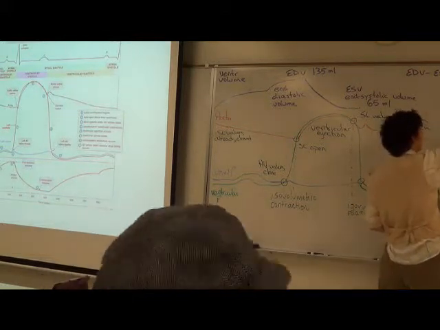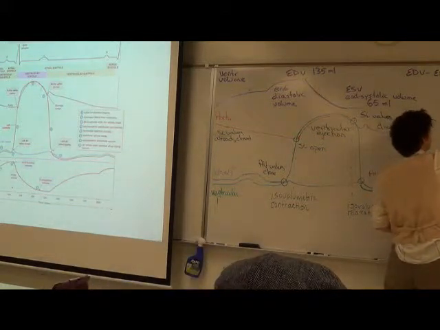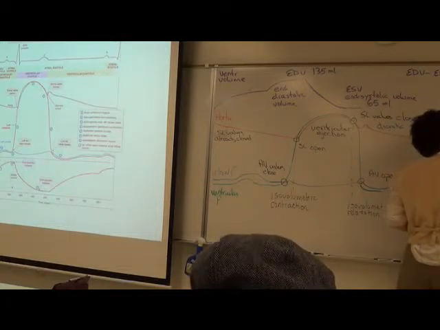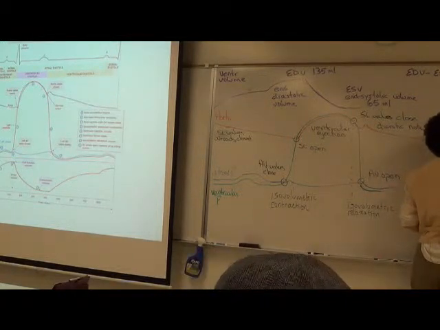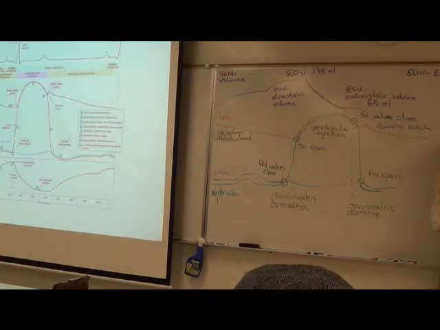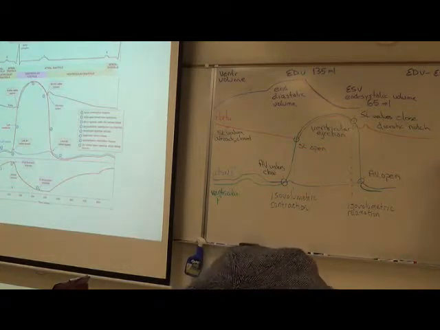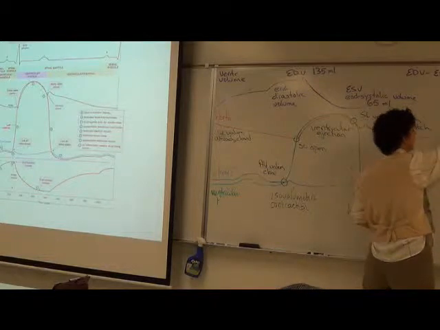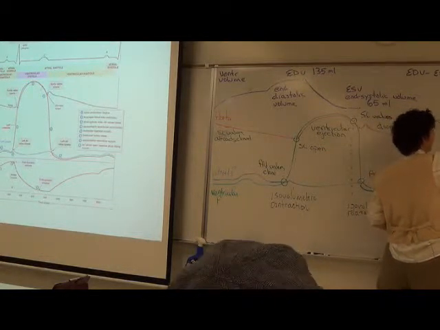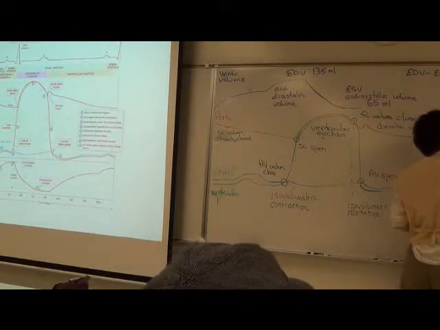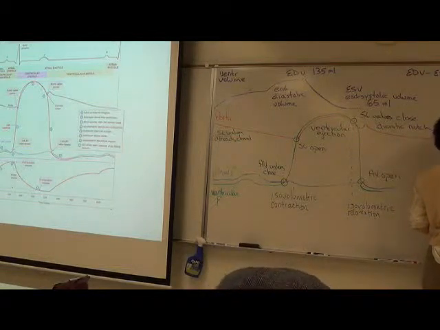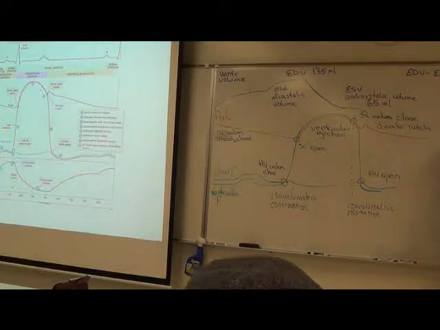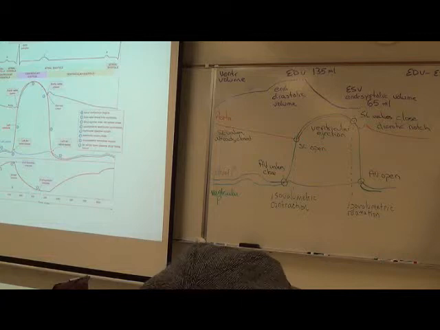And stroke volume is defined as the volume of blood in milliliters ejected or pumped, whatever term you want to use, by one ventricle in one contraction or one stroke.